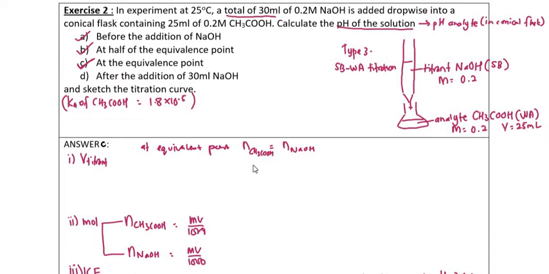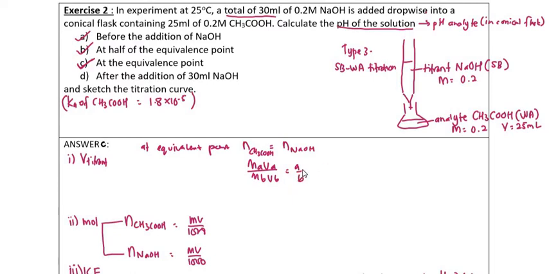Okay. We want to find the volume of titrant added to the analyte. That means the volume of base. So you have to use the formula MAVA over MBVB, a over b.